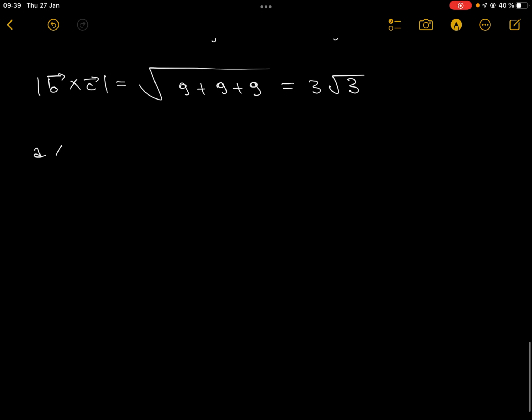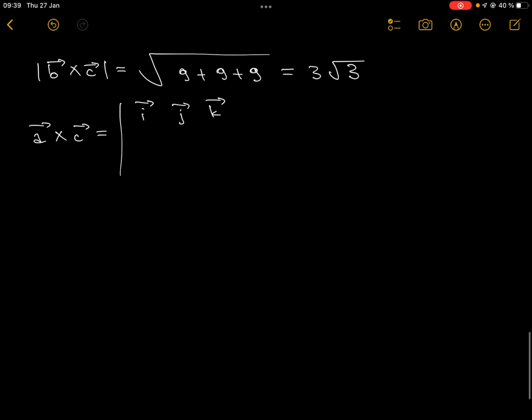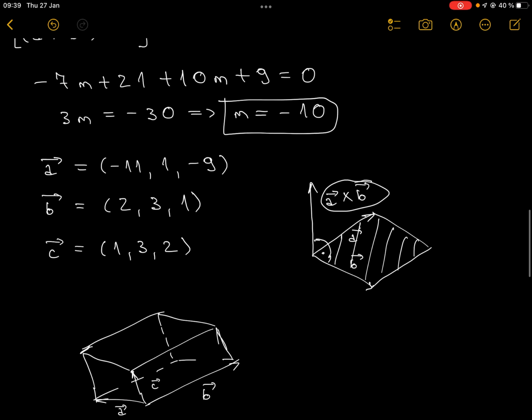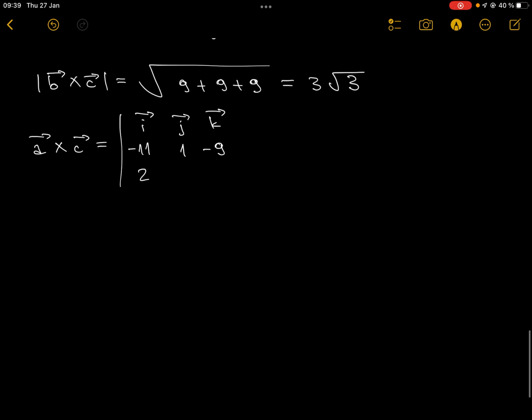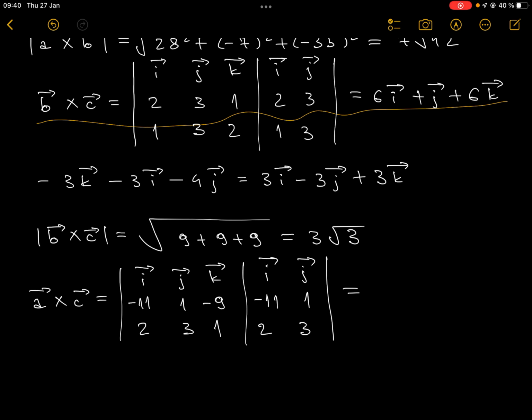And finally, let's do the final vector, A times C, I, J, K, minus 11, 1, minus 9, and 1, 3, 2.